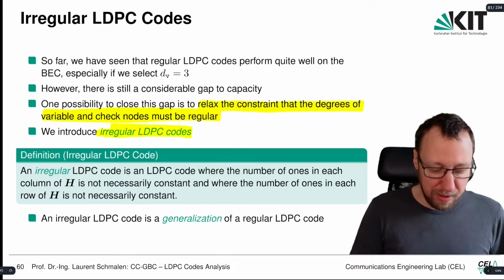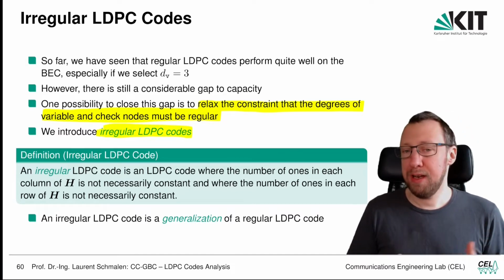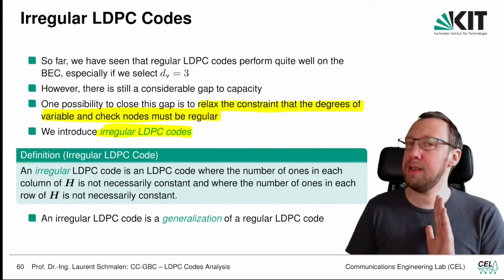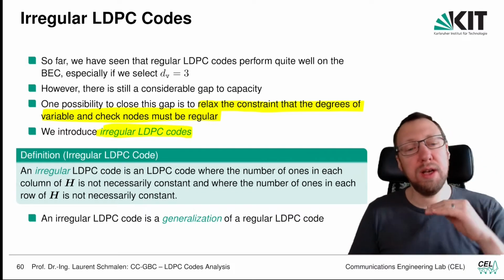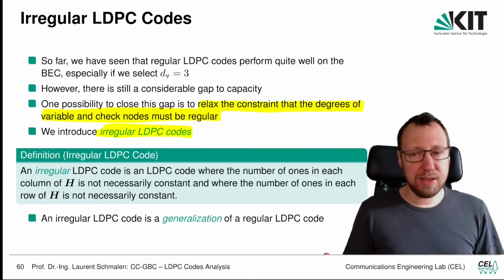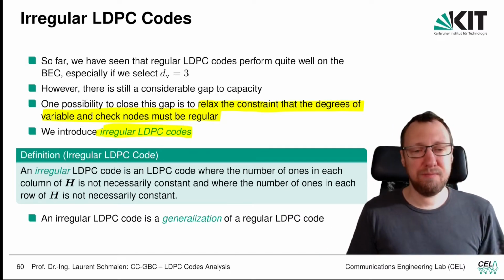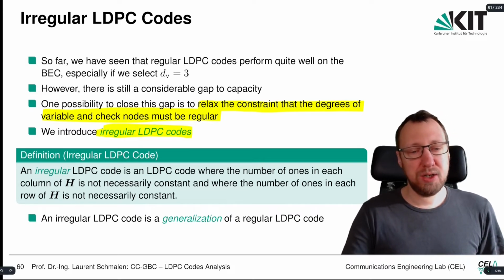So an irregular LDPC code is essentially an LDPC code where the number of ones in each column is not necessarily constant, and the number of ones in each row is also not necessarily constant. Essentially, it's a generalization of the construction that we have seen before. So how does this generalization work?